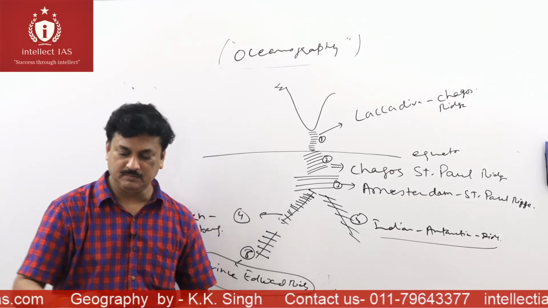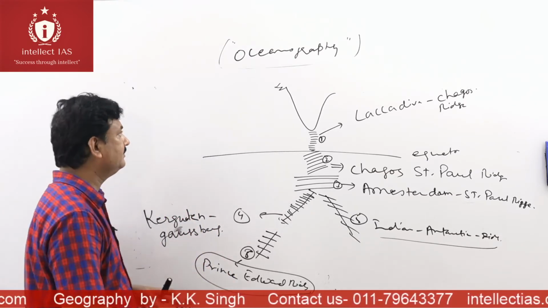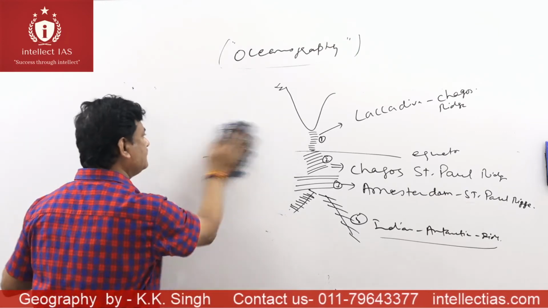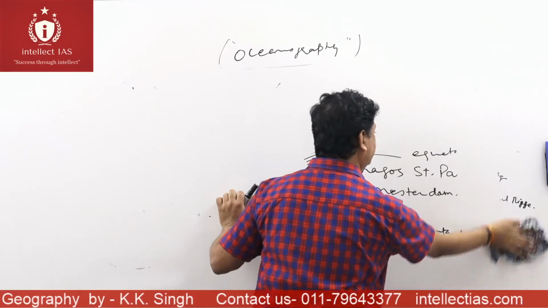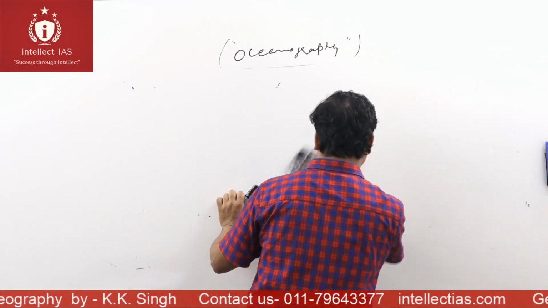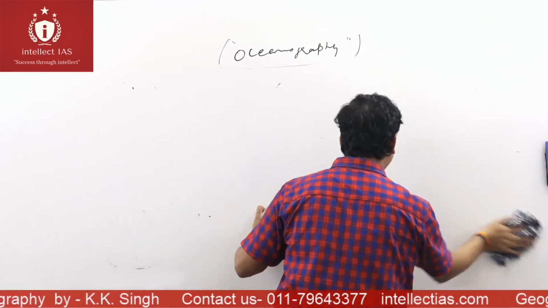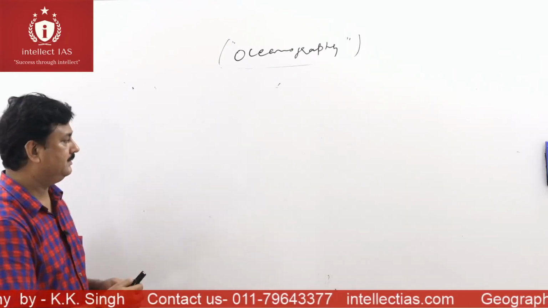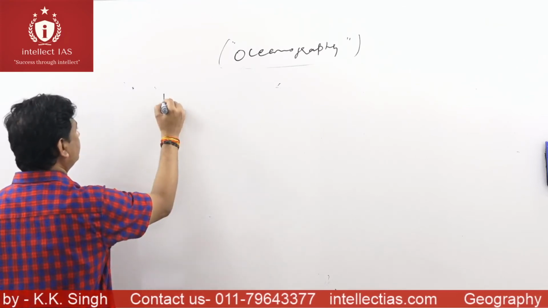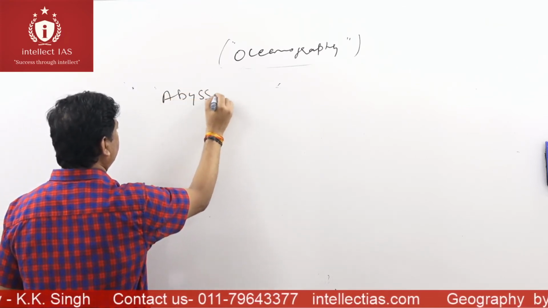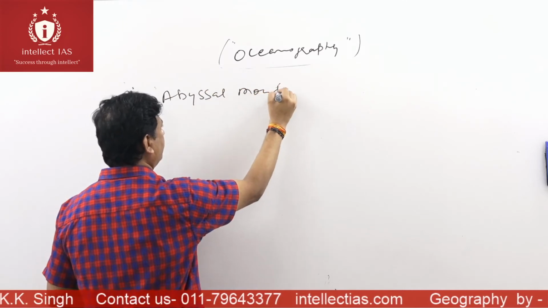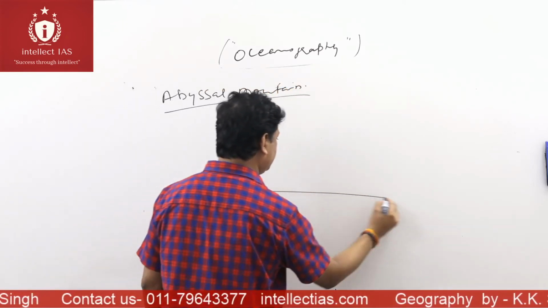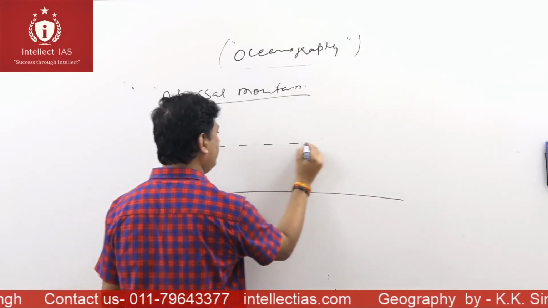Now the second minor relief feature is the Abyssal Mountain. Suppose this is the ocean surface, this is the water level.